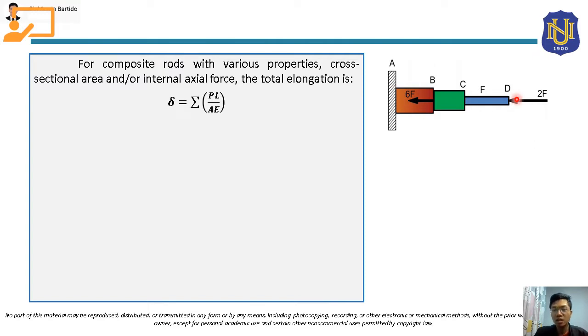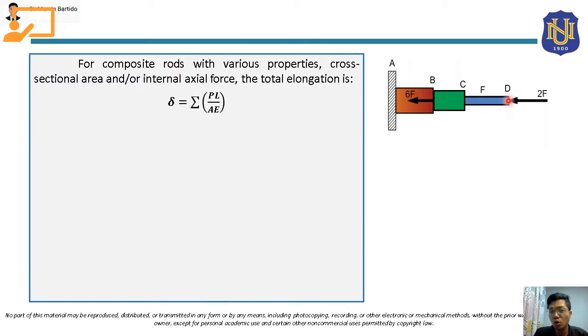So let's say for rod CD, if we are going to compute its internal axial force, it will be constant along its length from C to D. Also its cross-sectional area will be constant, and same with its material property or modulus of elasticity, it will be constant from C to D.